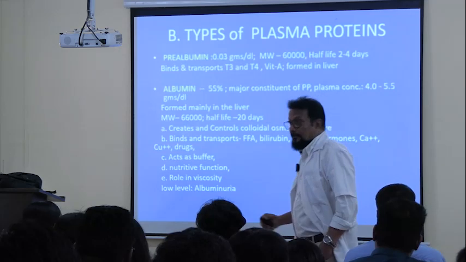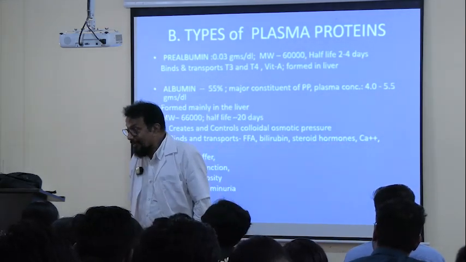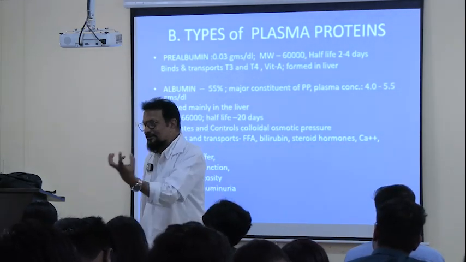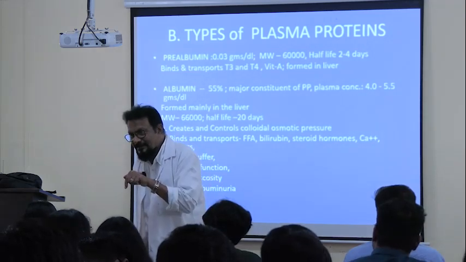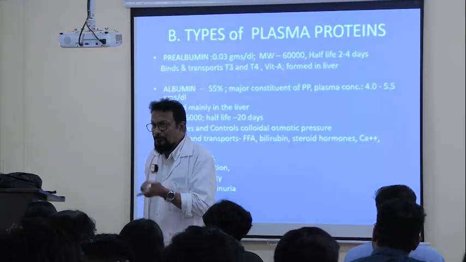So bilirubin source is RBC. RBC has a life. After that, it will die, and it will be broken down by the spleen.